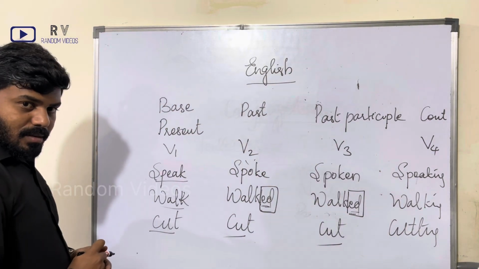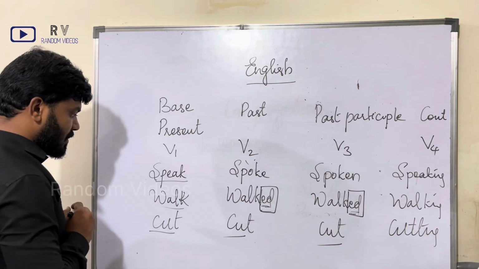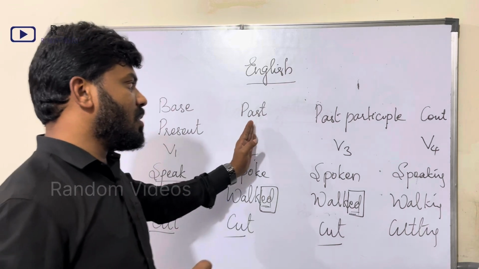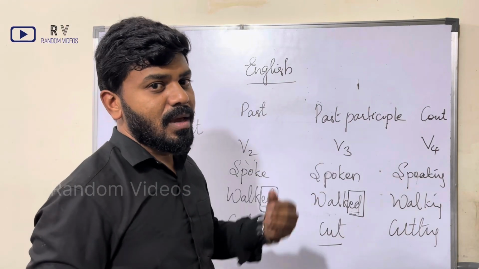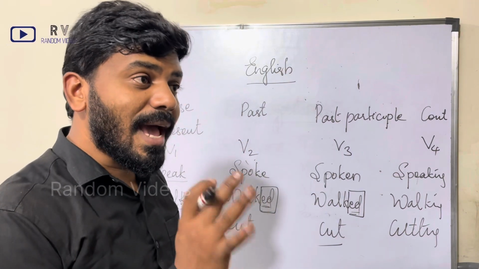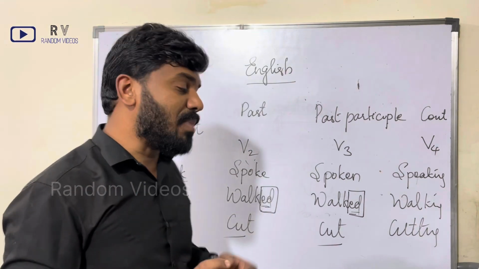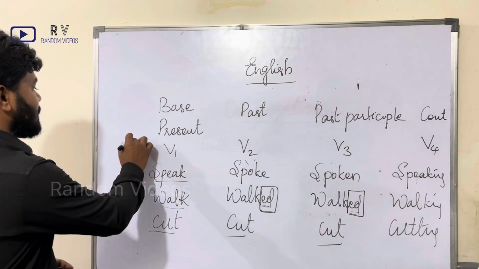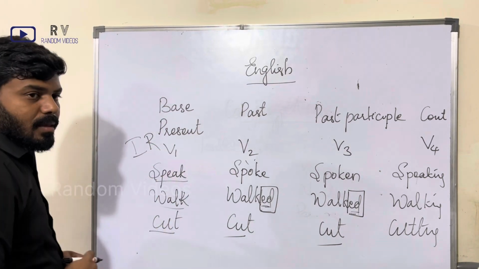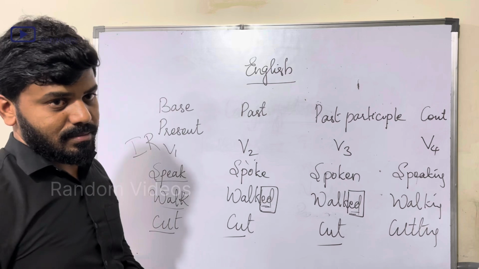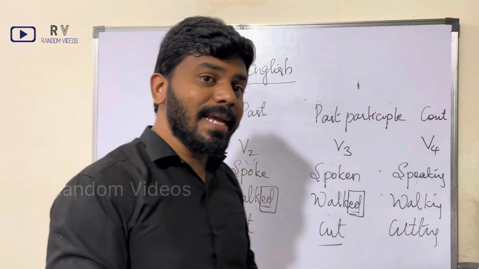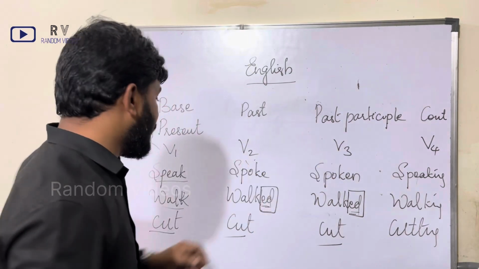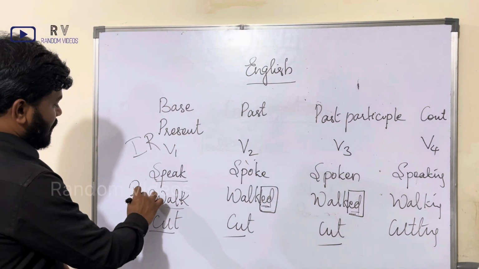So keep this in your mind. When converting base form to past form to past participle form, when a verb does not have a regular pattern, they are all irregular verbs. If there is a regular pattern, just by adding ed to the main verb, when they form past and past participle, they are all called regular verbs.